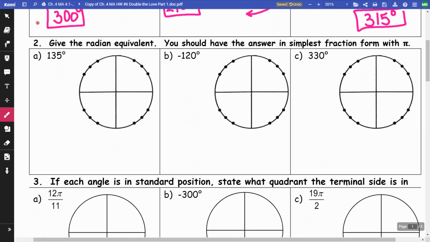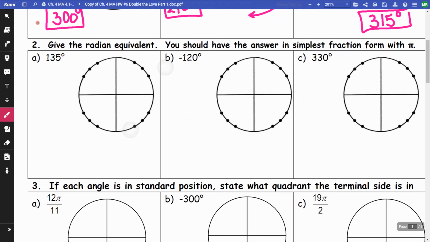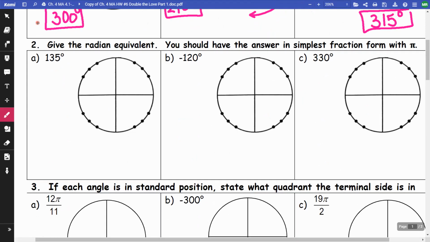Now we're going to the other direction. We're going to find the radian for this. So for the first one, 135 degrees is right here, and that is going to be 3 pi fourths. A negative 120 degrees, we're going this direction. That is going to be right here.